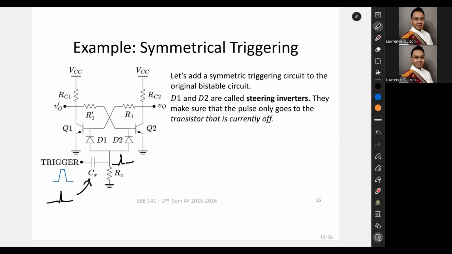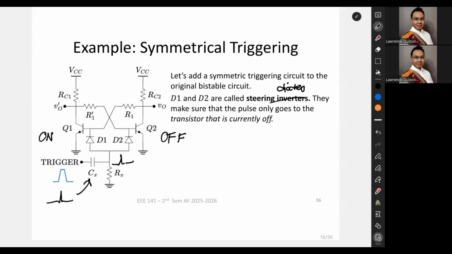The diodes are called steering diodes, not inverters. Because they're steering diodes, they steer the pulse towards the transistor that actually needs it. So for example, if this was off, and this was on, then this one is high.